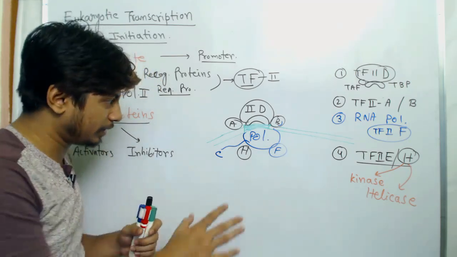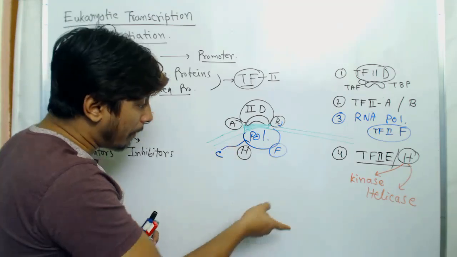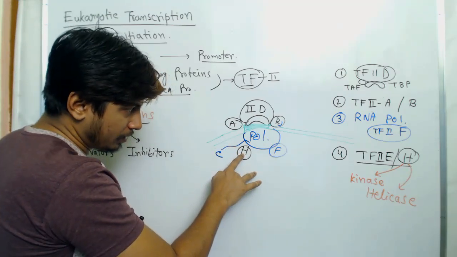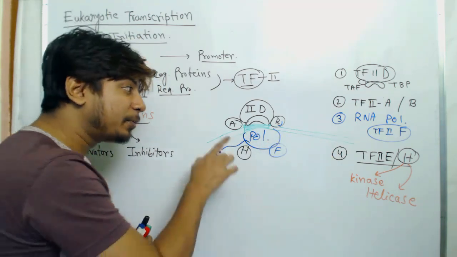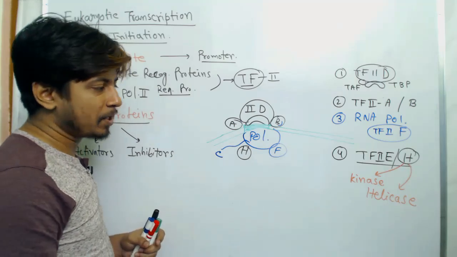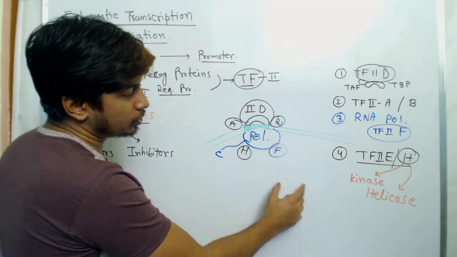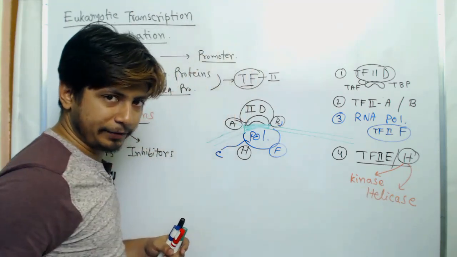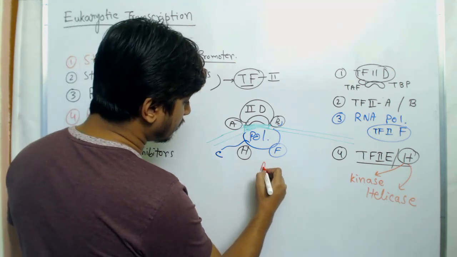the C terminal domain of the RNA polymerase 2. The phosphorylation of CTD by TFIIH helps in promoter escape by polymerase 2, and that will complete the initiation. So for that, the helicase, that is TFIIH, also needs to have a kinase activity, and it utilizes ATP hydrolysis.